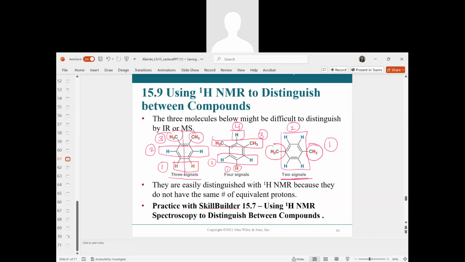So it's easiest to distinguish between compounds based on the number of signals, but we can also look at the shift of specific signals and things of that nature to further differentiate when we have different functional groups. But again, it's the number of equivalent protons, and the fact that these do not have the same number of equivalent protons, that allows us to differentiate here.